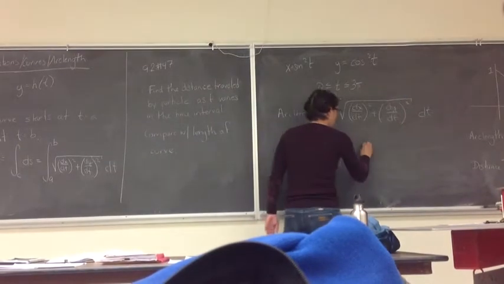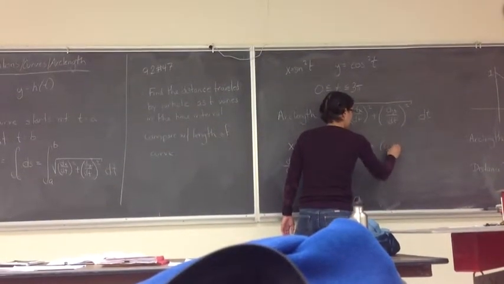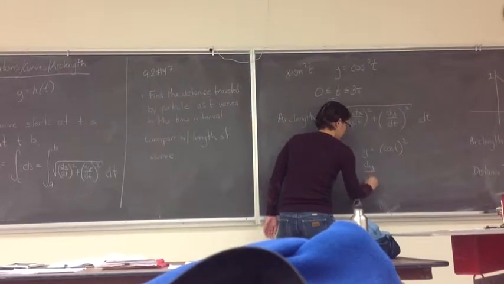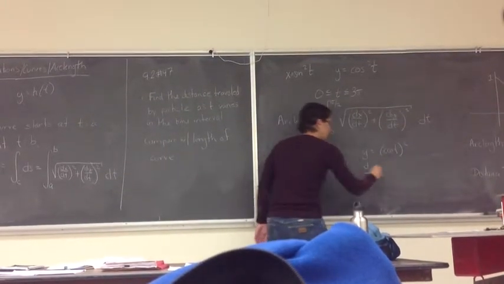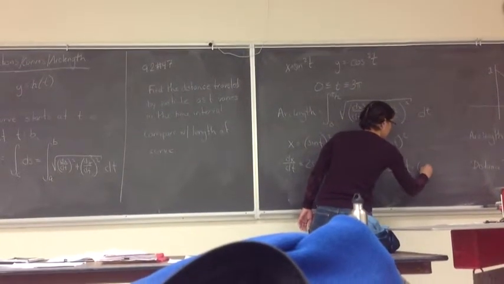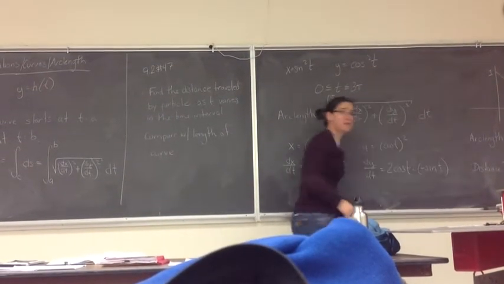And then for y is cosine of t squared. So dy dt looks like 2 times the cosine of t times negative sine of t.